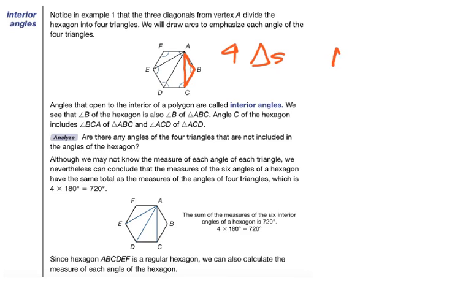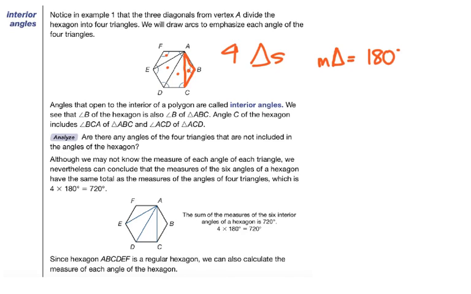We know that the measures of a triangle's angles equal 180 degrees. And I also know that I've got 4 of these triangles in this hexagon.